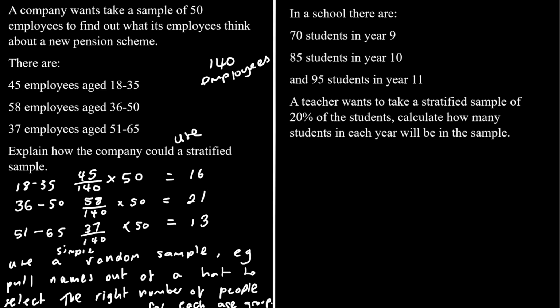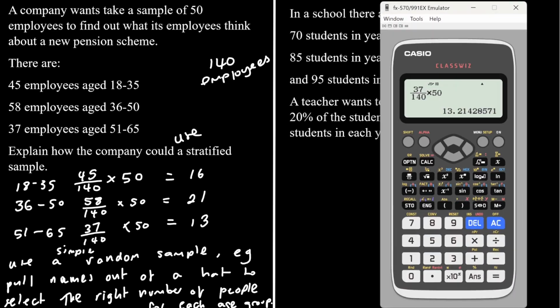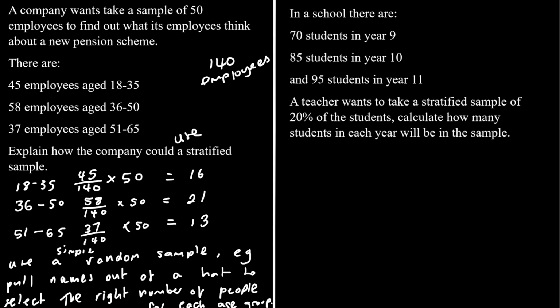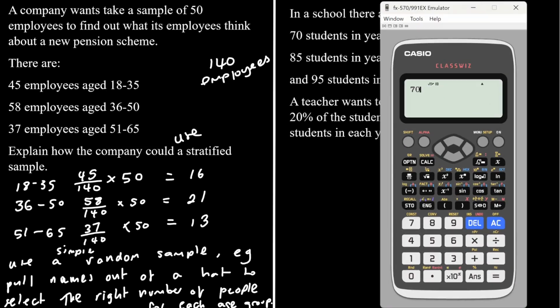We could use the same formula we used in the other question. So add them up. If we have 70, 85 and 95, that's 250. So we could say 70 out of 250 times 20% of 250, which is 50, which is 14.